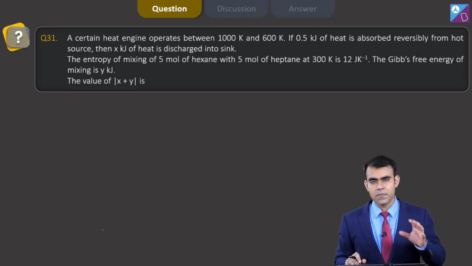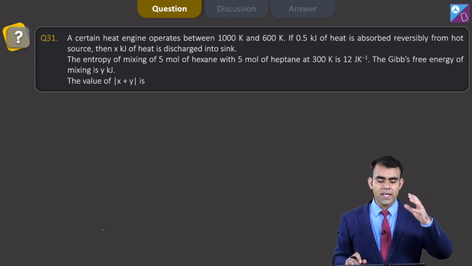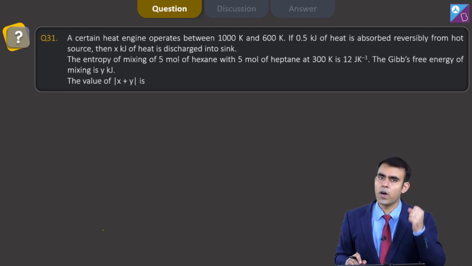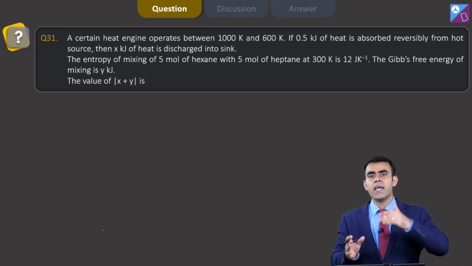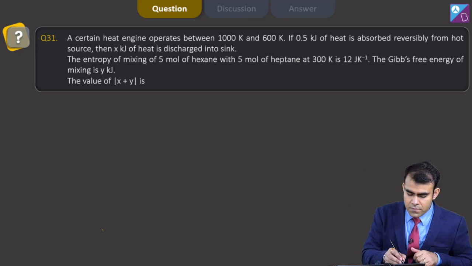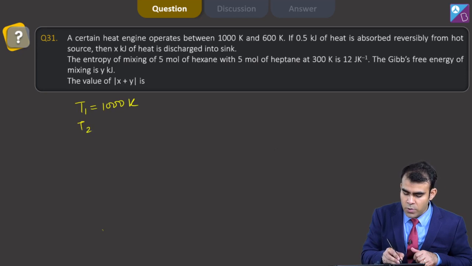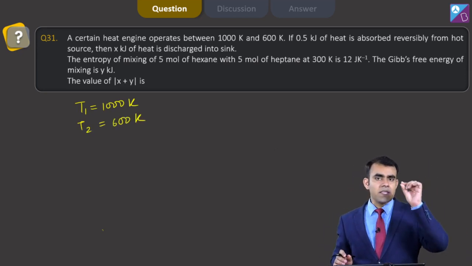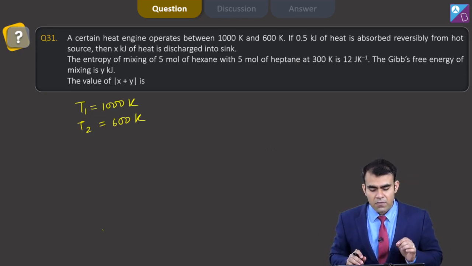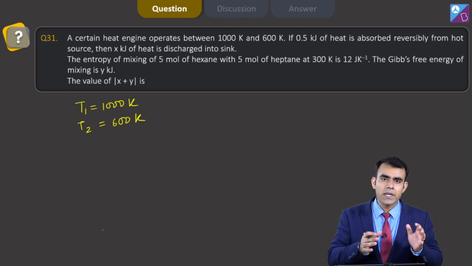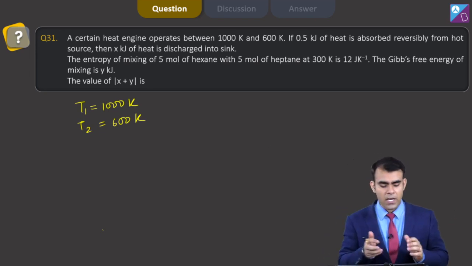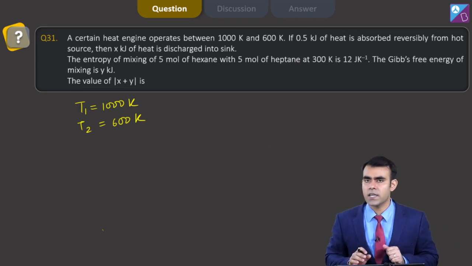Now here, in the first part we have been given that heat is taken from a hot reservoir in a heat engine operating at T1 temperature, which is 1000 Kelvin, and T2, which is 600 Kelvin. So my hot reservoir is at 1000 Kelvin and it is doing work, and finally the heat is discharged into a sink which operates at 600 Kelvin.